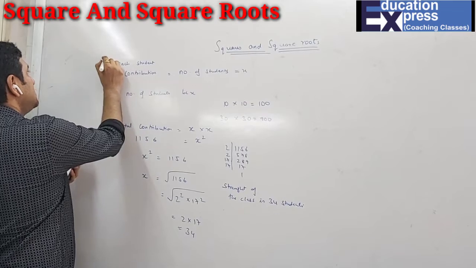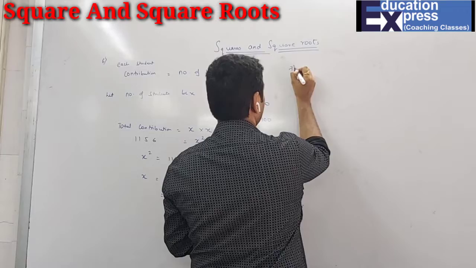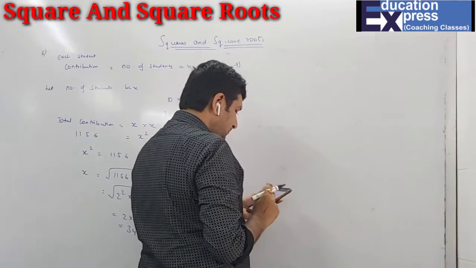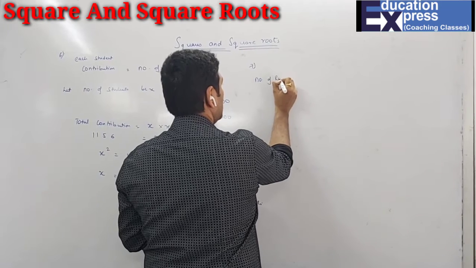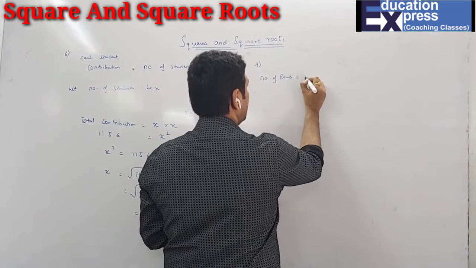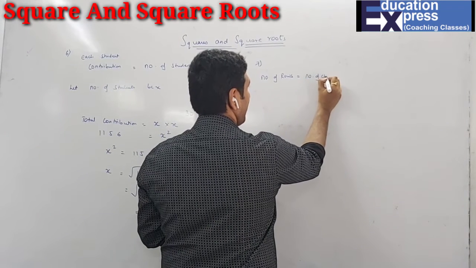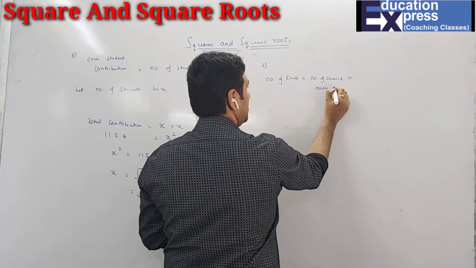Question number 6. Now question number 7. In an auditorium the number of rows is equal to the number of chairs in each row.